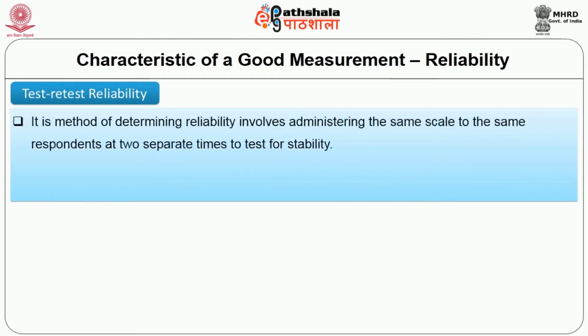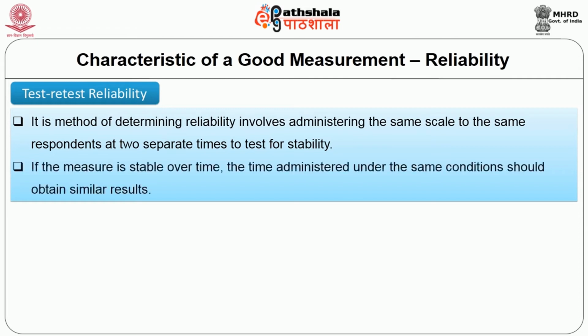The test-retest method of determining reliability involves administering the same scale to the same respondents at two separate times to test for stability. If the measure is stable over time, the test administered under the same conditions each time should obtain similar results.